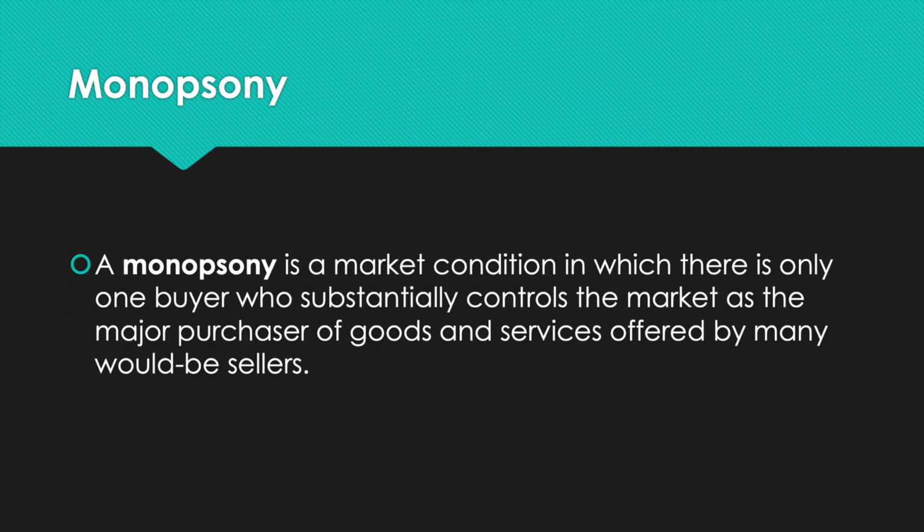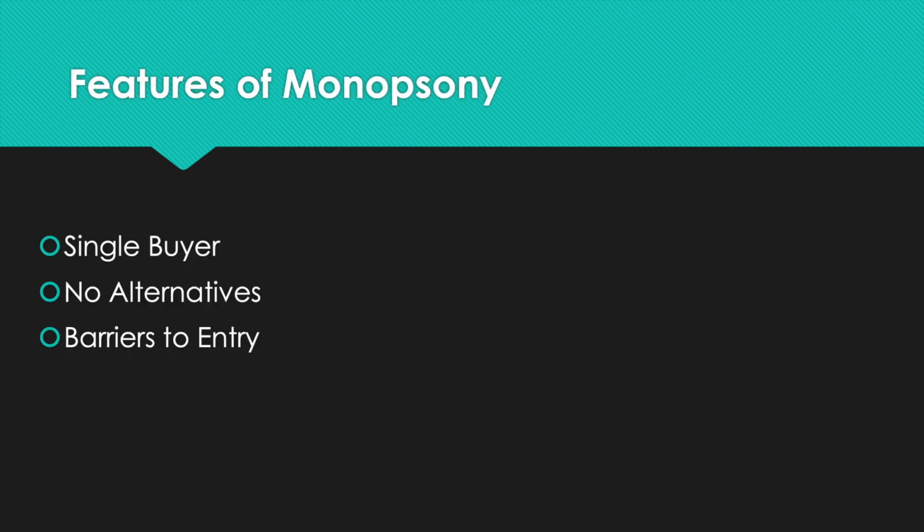Okay, so moving on to the last one, which is monopsony. So a monopsony is a market condition in which there is only one buyer who substantially controls the market as the major purchaser of goods and services offered by many would-be sellers. So the features of a monopsony are: one, there's only one single buyer and that buyer controls the demand side of the market completely.